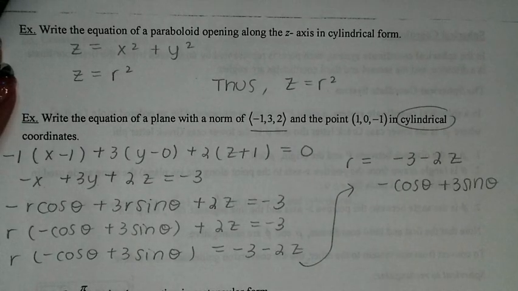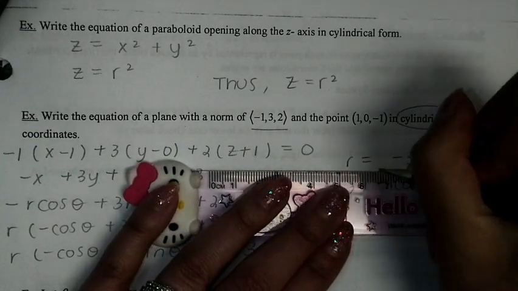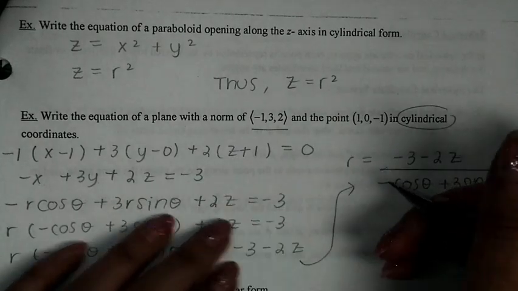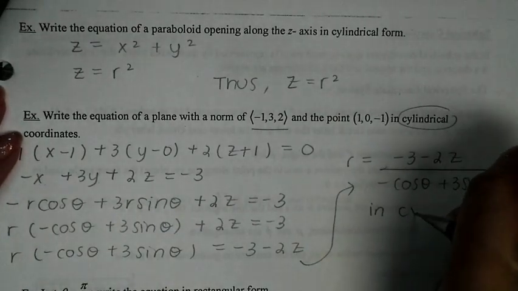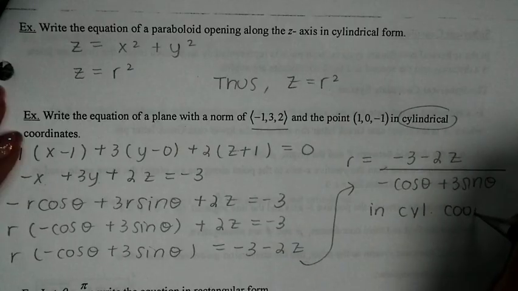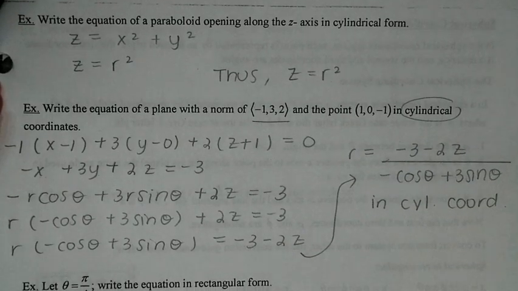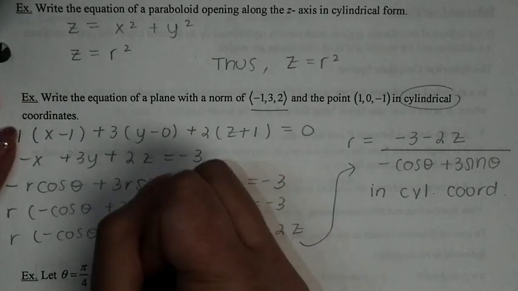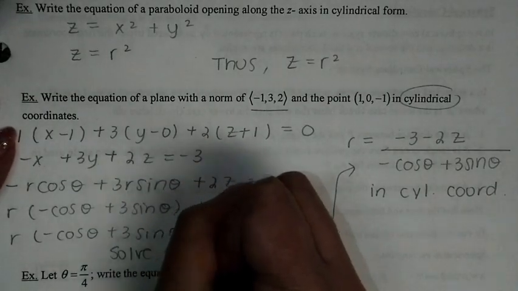Isn't that nice? So that's going to be your expression. You need to solve for r, and this is going to be your equation in cylindrical coordinates. It's not that bad, right? So you solve for r.